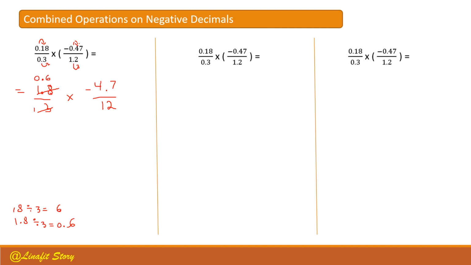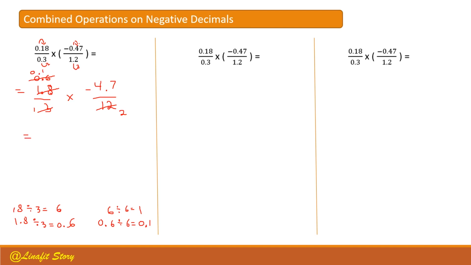Next, cancel 0.6 and 12. We divide it by 6. 12 divided by 6 is 2. How about 0.6 divided by 6? If 6 divided by 6 is 1, so 0.6 divided by 6 is 0.1.